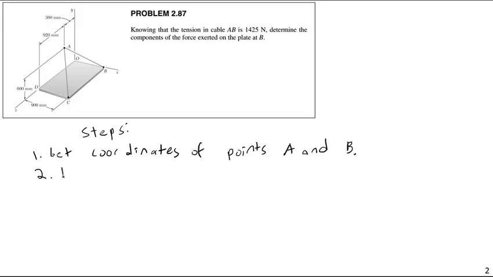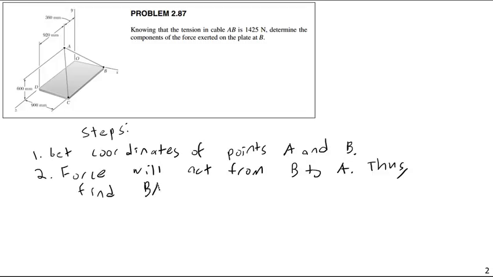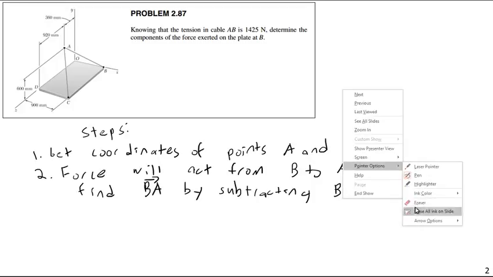Force will act from B to A. Thus, find vector BA by subtracting coordinates, final minus initial.